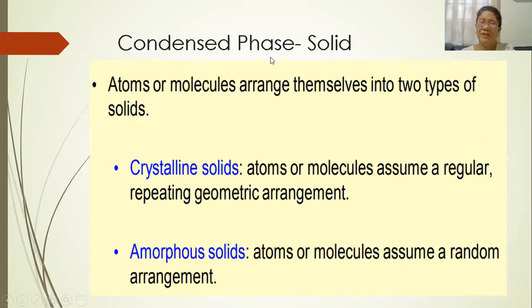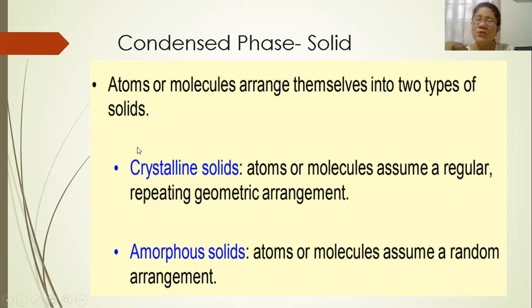Fullerene. So in the condensed phase, especially in a solid, atoms or molecules have two forms of solid: the crystalline solid and the amorphous solid. What's the difference between crystalline and amorphous?